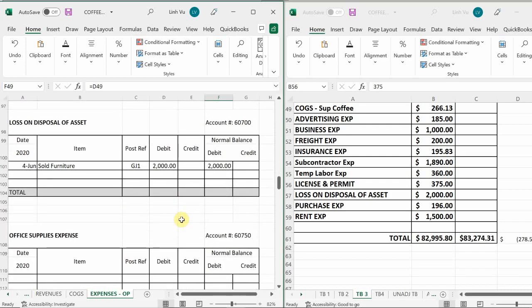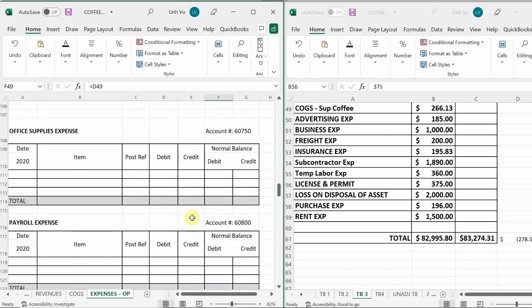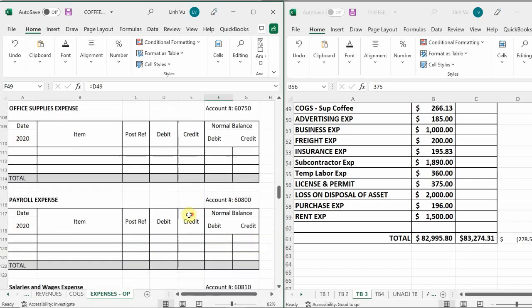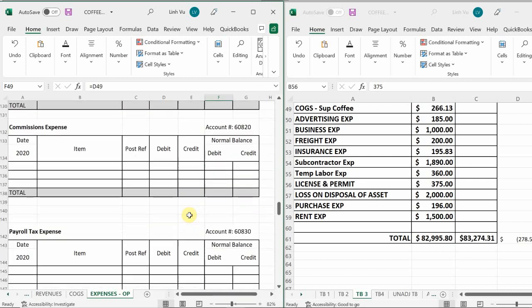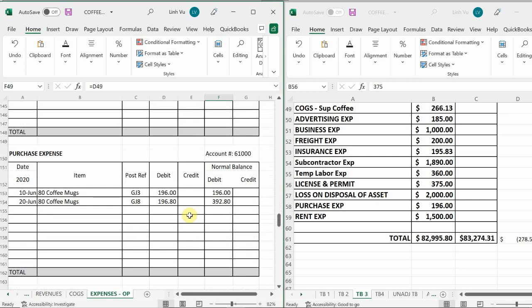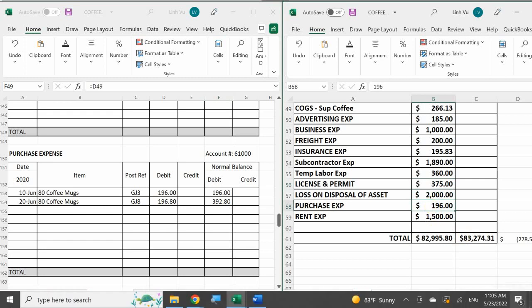What about my loss and discount? It's 2,000, the same. Next I have office supplies expense, nothing there. Payroll expenses, we haven't paid our employees yet, so we can skip over that. What about purchase expense? We have 392, and here we need to change it to 392.80.